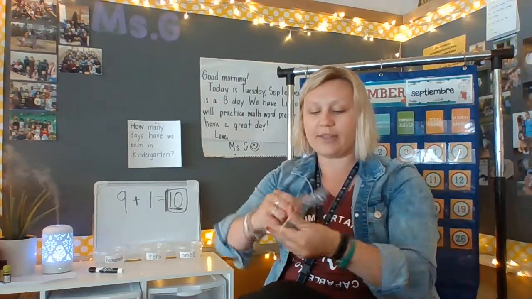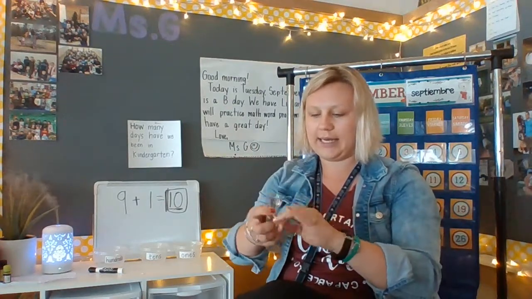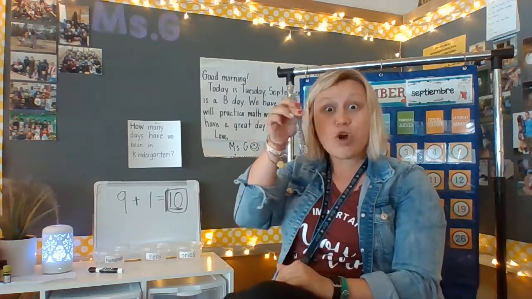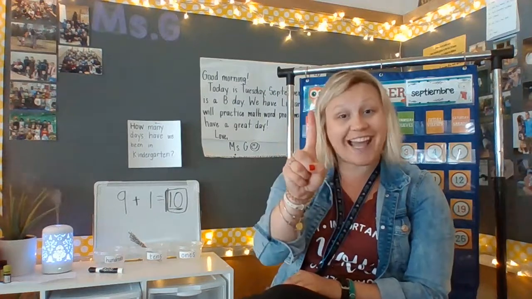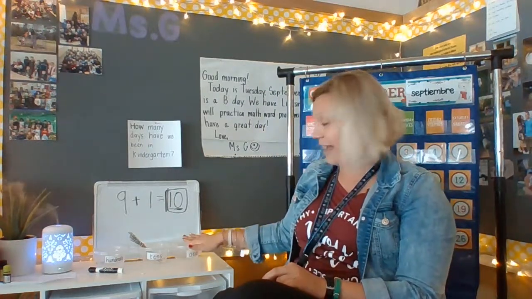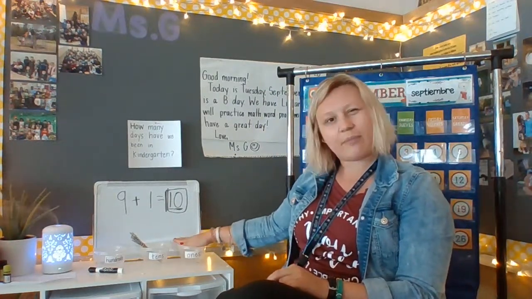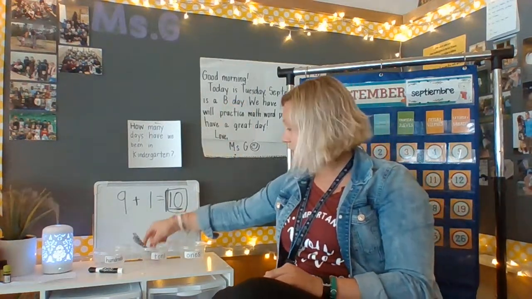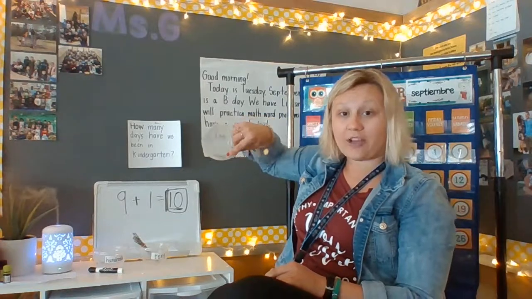So I'm going to put this into a group like this, and this gets to move into our tens cup because we have one group of 10 and we have 0 extra ones. Do you see that? So we have one group of 10 and 0 extra ones.